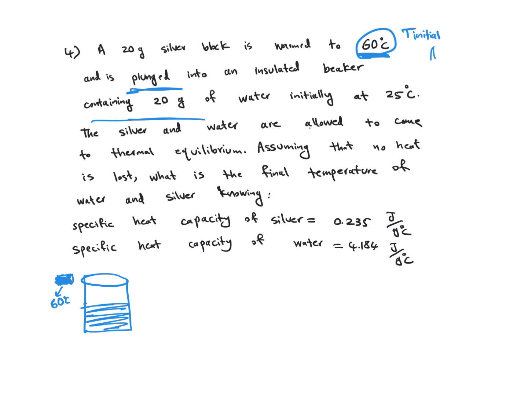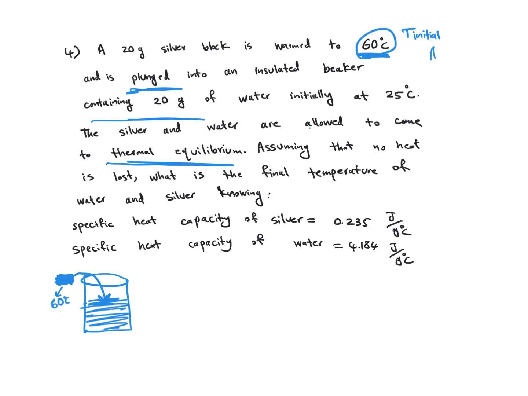And I put that in the beaker that has a certain amount of water, and I let them reach equilibrium. Basically, I wait long enough. When I put this silver in the water, I wait for them to reach the same temperature, basically to reach equilibrium, so that they don't transfer heat anymore.